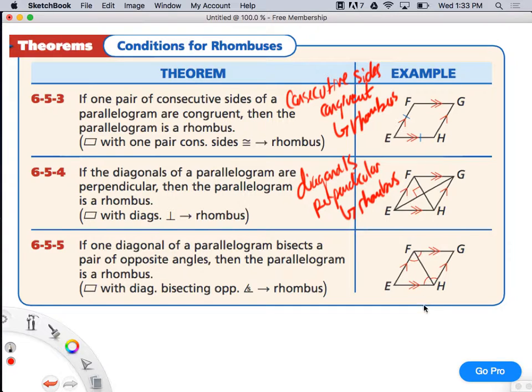And then what's that last one there? Go ahead and read that to yourself. 655, please. Go ahead and read that over to yourself.